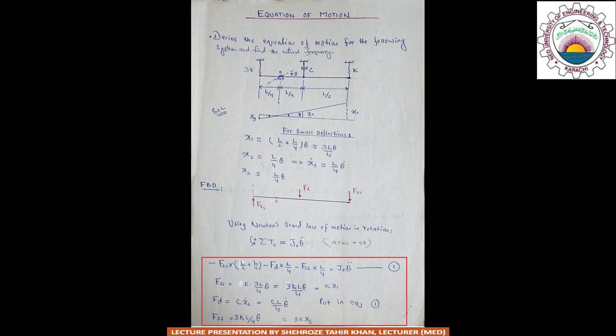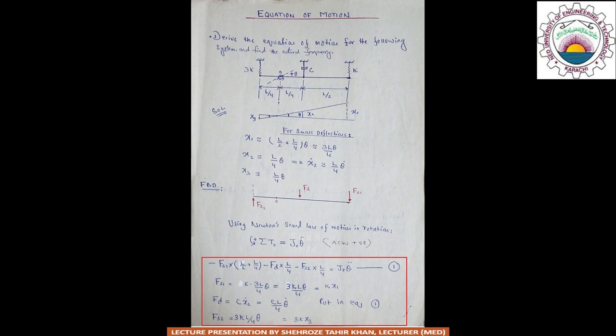This is called equation 1, where Fs1 is the force of spring 1, Fs2 is the force of spring 2, and Fd is the force applied by the damper. As is evident from the deflection diagram and free body diagram, Fs1 is equal to k into 3/4 L theta, or Fs1 is equal to 3kL theta/4, which is k x1.